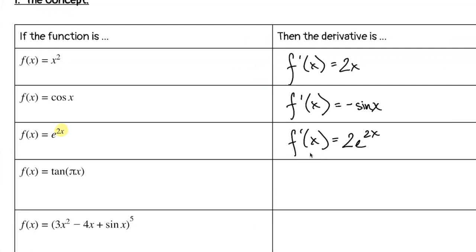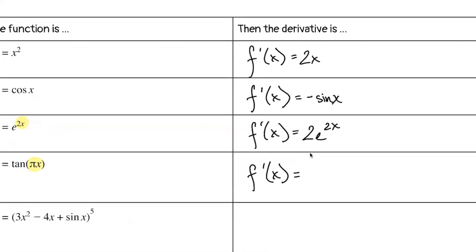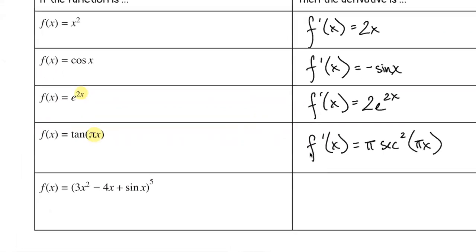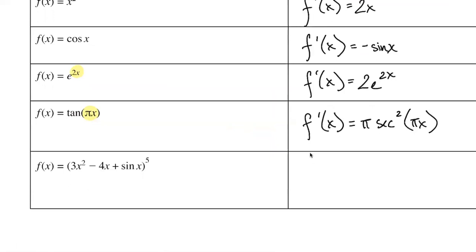All right, what about the derivative of f of x? Well, we have tangent of pi x. A good indicator, again, it's not just x in those parentheses, so we're going to need to use chain rule. And in fact, we will have pi times secant squared of pi x. Okay, so that extra pi is from the chain rule.